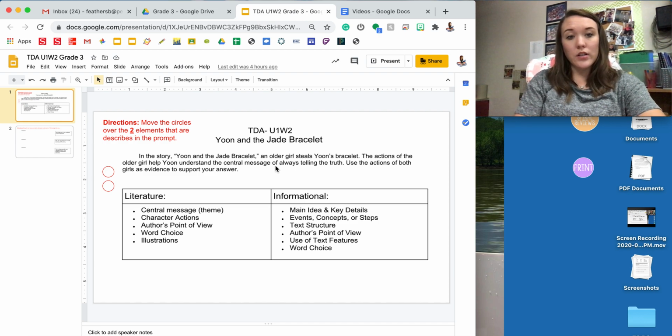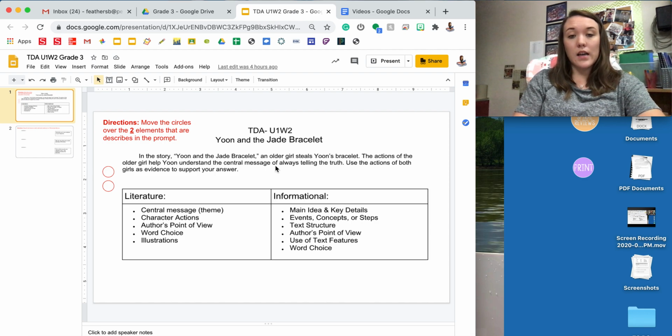Use the actions of both girls as evidence to support your answer. So again, my first sentence tells me the story title, which is Yoon and the Jade Bracelet, and a little summary of the story. So I know in this story, an older girl is going to steal Yoon's bracelet.